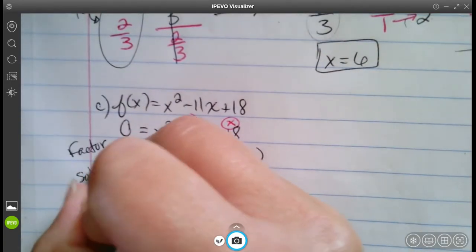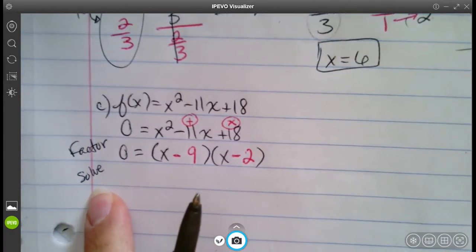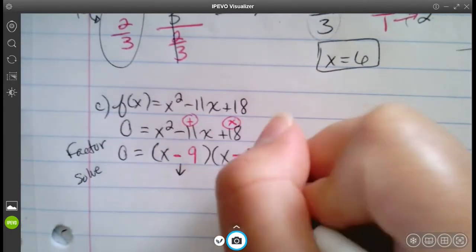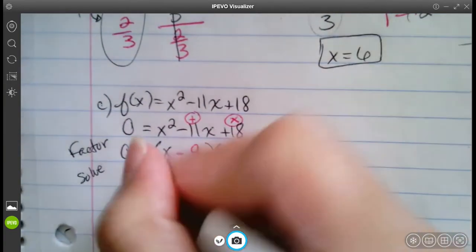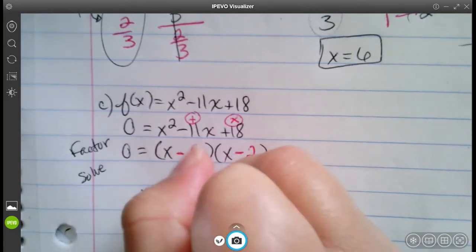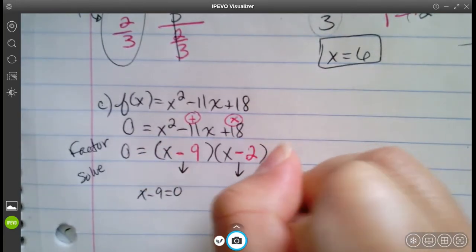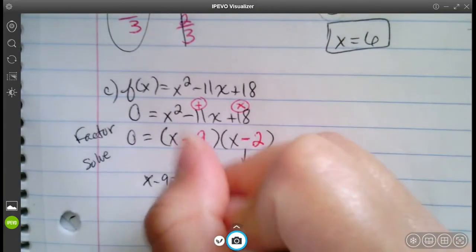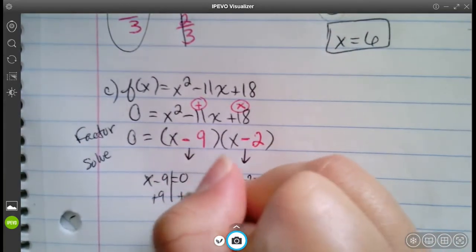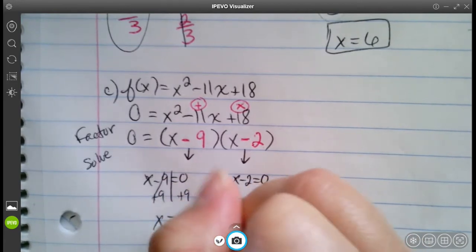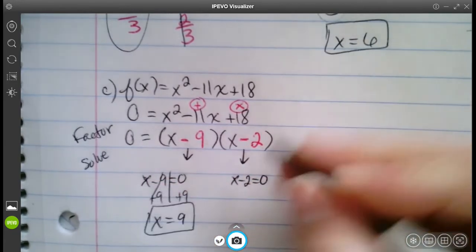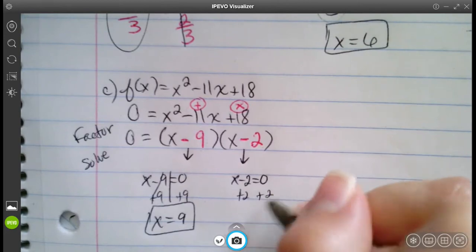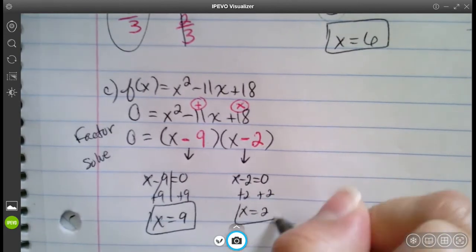And now we need to solve it because for the solve, we should have an x equals, right? So what we do is we take each of these parentheses and we set them equal to 0. And then we just solve it. So we add 9 on this side, so x is equal to 9. We add 2 to this one, so x is equal to 2.